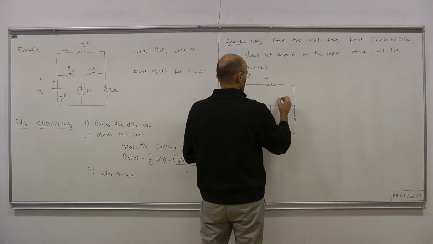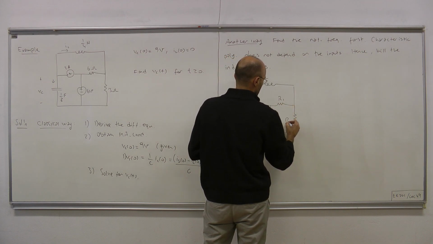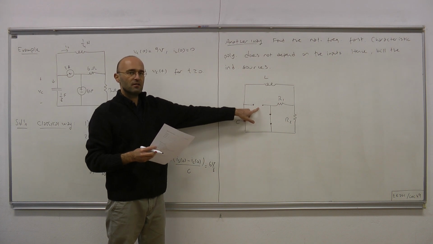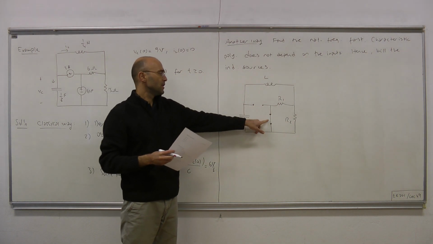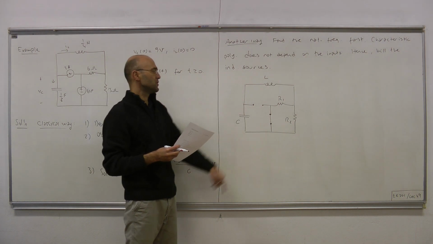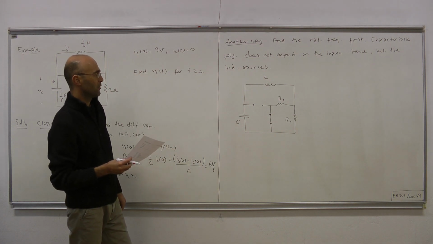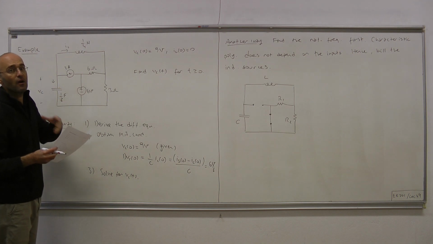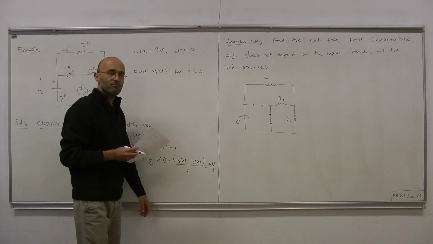Let's call this resistor R1 and this guy R2. The current source is killed, that is replaced by an open circuit. The voltage source is killed, that means it's replaced by a short circuit. Okay? So this circuit's natural frequencies and the original circuit's natural frequencies are the same.